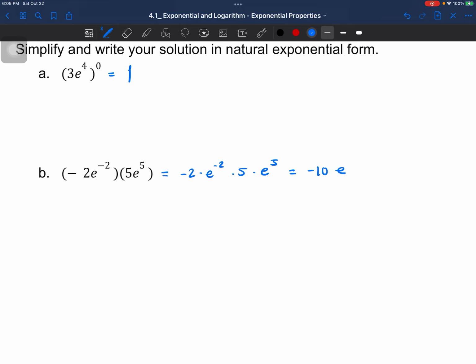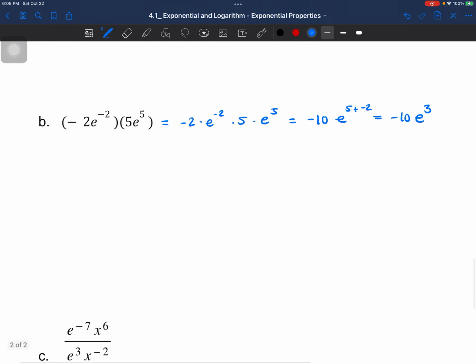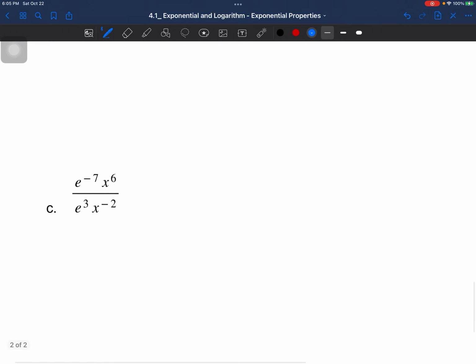There's no addition, so there's no distribution. So when we do this, we multiply the values negative 2 with 5. That gives us negative 10. e to the negative 2 times e to the 5th gives us 5 plus negative 2, which is e to the positive 3.